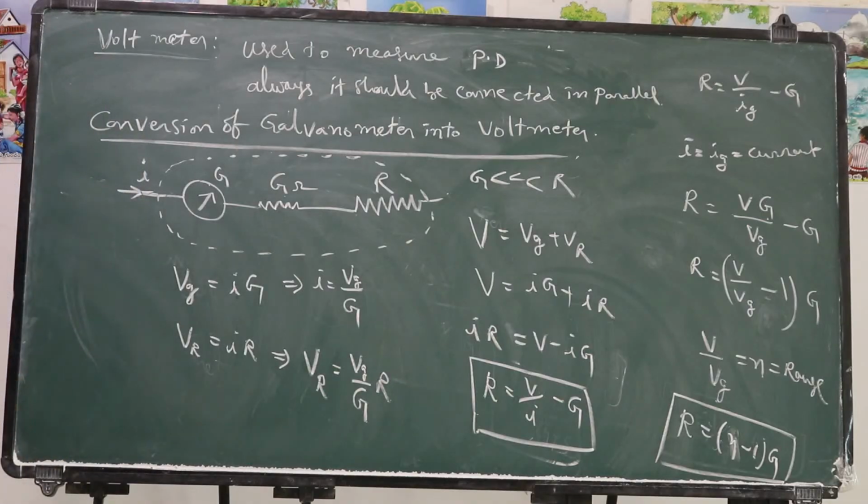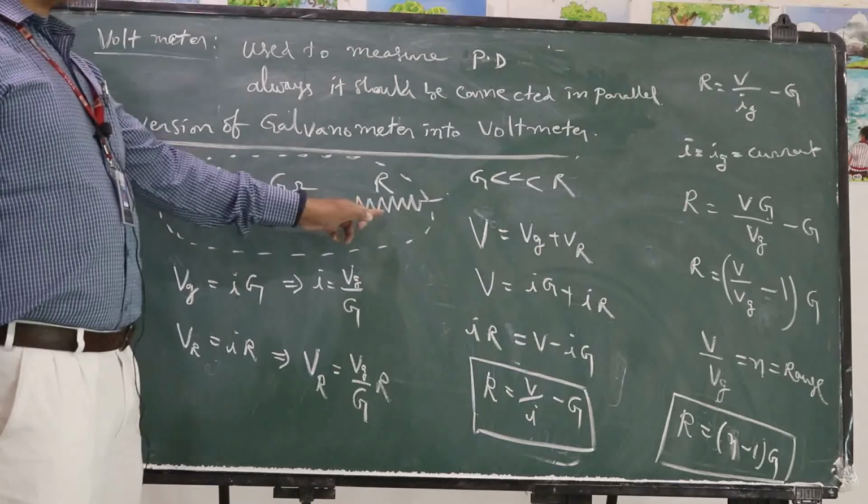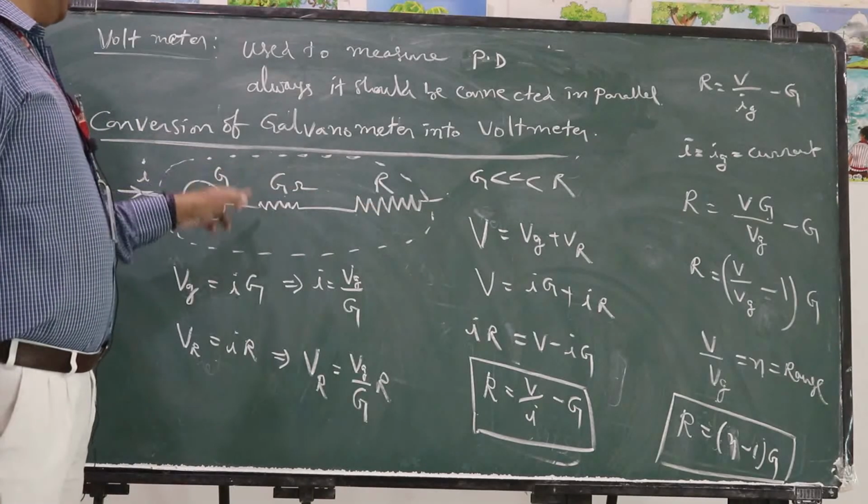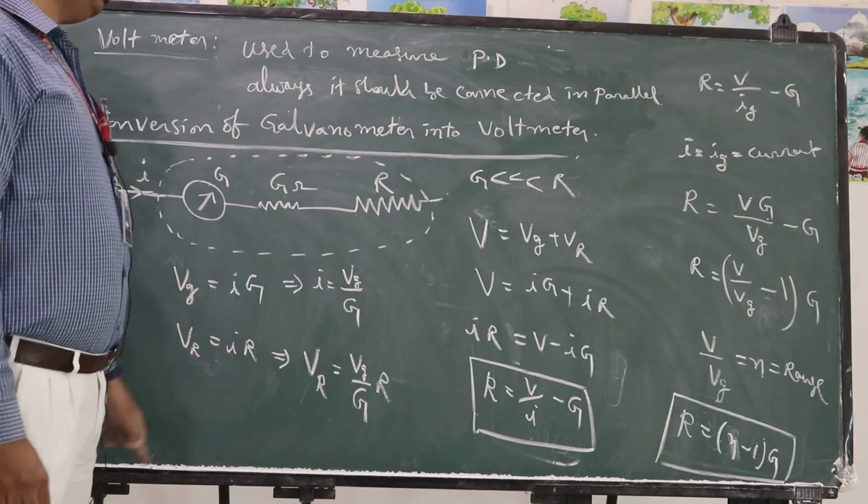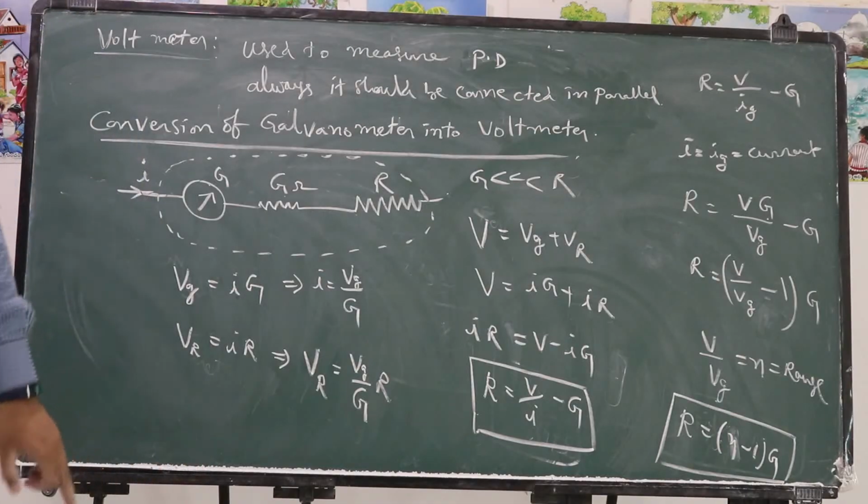What are the important points we should remember here? Whenever we connect a heavy resistance in series to the galvanometer, it will be converted as voltmeter. In voltmeter, the series resistance to be connected is calculated by the formula R is equal to V by I minus G. What is I? I is nothing but current passing through the galvanometer.